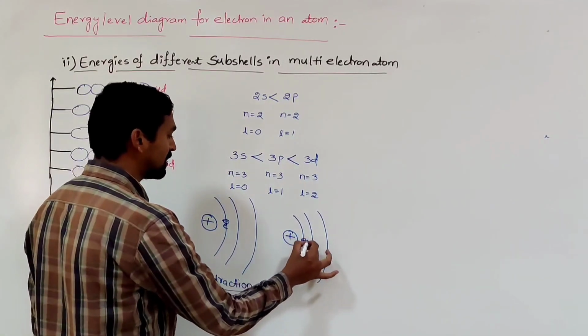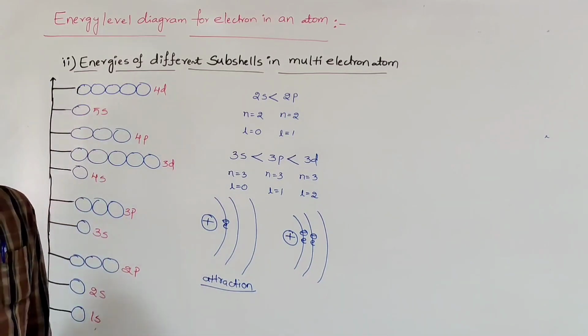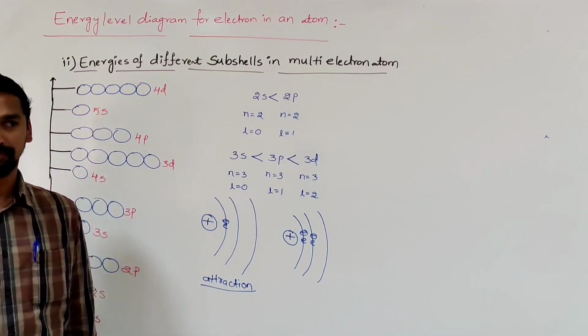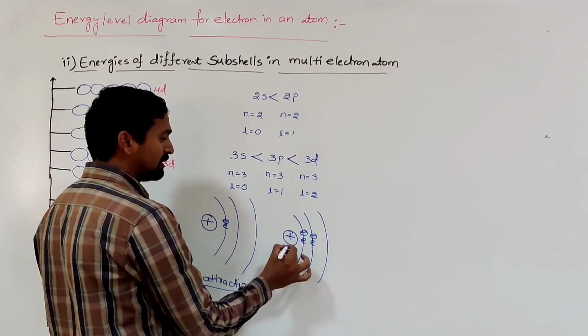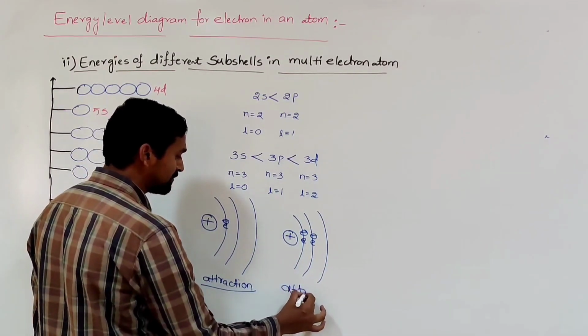But in multi-electron atoms, meaning more than one electron, suppose electrons are present here and electrons are present here, two kinds of interactions we can observe. One is attraction between the electrons and the nucleus.